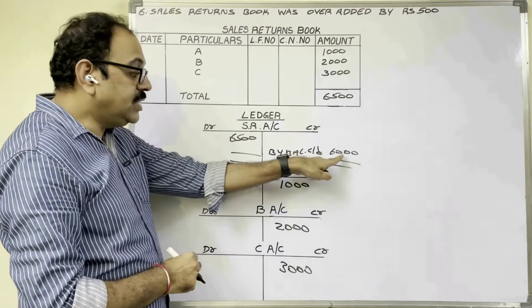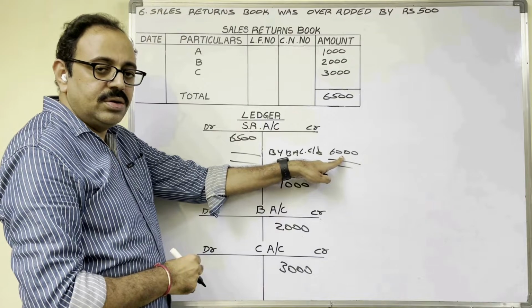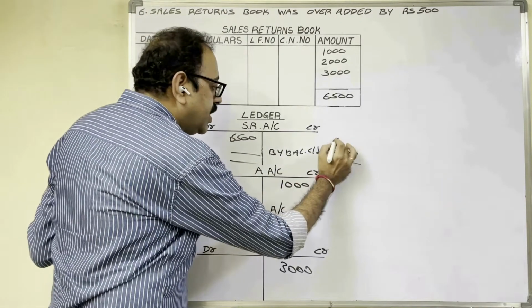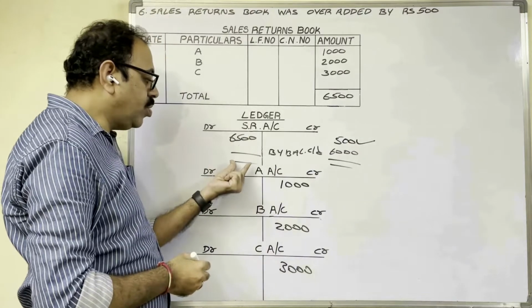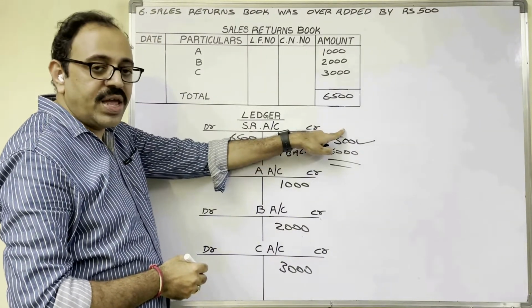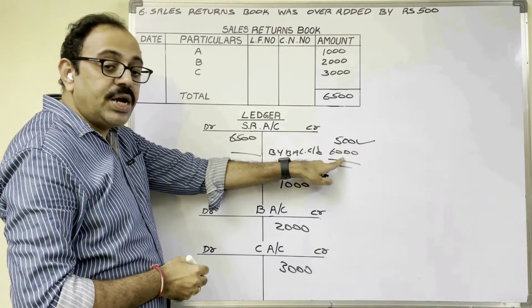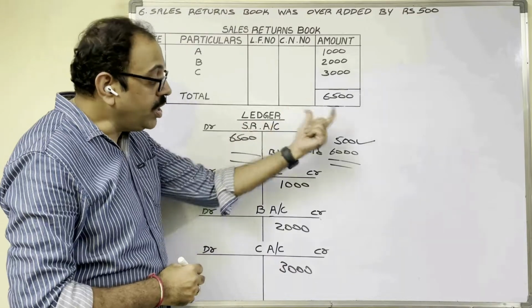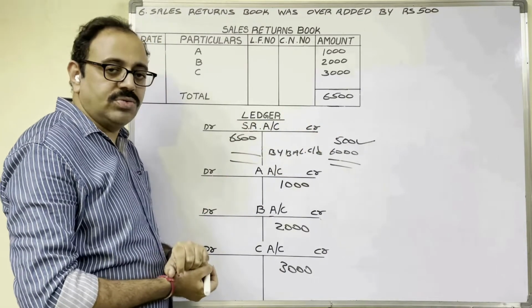Now I need 6,000 rupees here. Then 500 we should write on the credit side. Then debit total 6,500 minus credit total 500, balance carried down becomes 6,000. So our answer is coming on the credit side of the sales returns account.